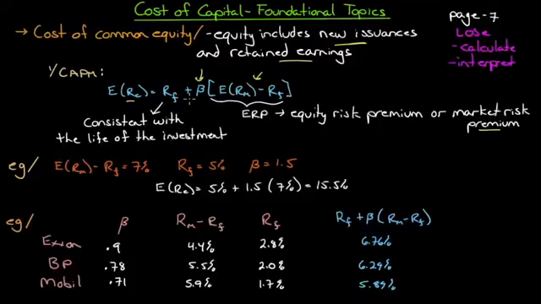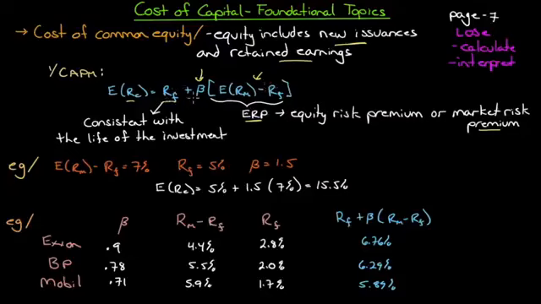If it's more variable, it's higher risk, so we should get that. And this is a risk premium. When we say premium, it means in excess of, and here it's in excess of the risk-free rate. This is the return on the market minus the risk-free rate, called the equity risk premium.